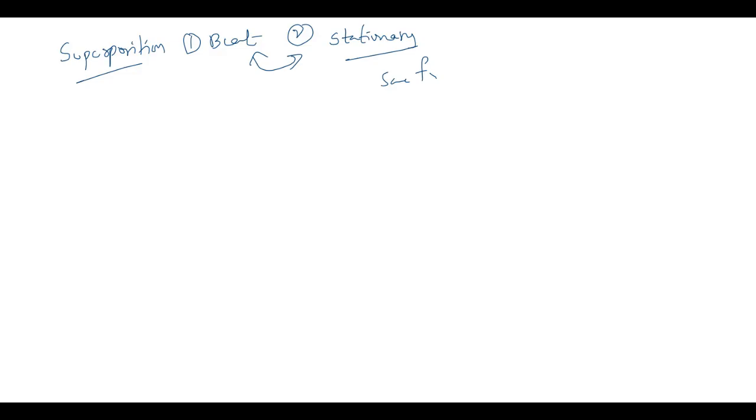You see, this superimposition can happen for both. One for beat, another one, even for stationary waves, we can see waves getting superimposed. Then what's the difference between beats and stationary waves? Okay, in stationary waves, the same frequency should be there, not similar.